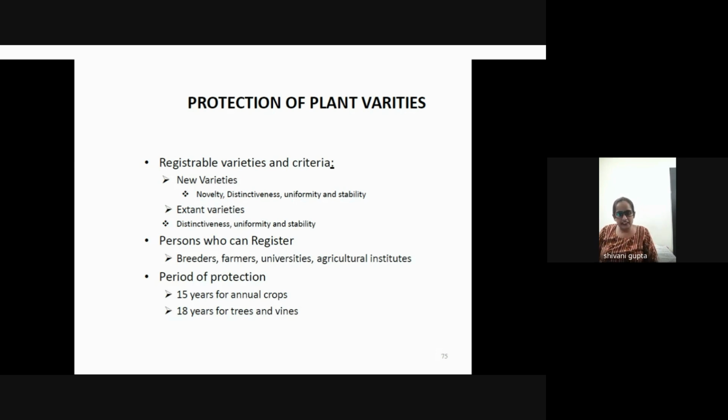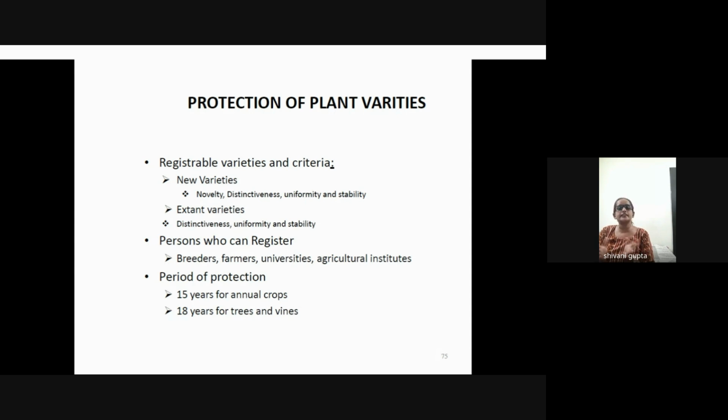Who are the persons eligible to register, and what is the period of protection? For registrable varieties, there are two aspects. The first is the new variety, including distinctiveness, novelty, uniformity, and stability.